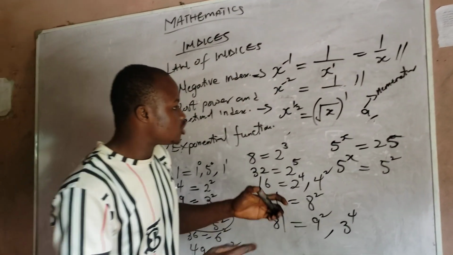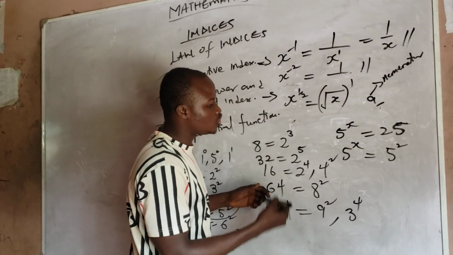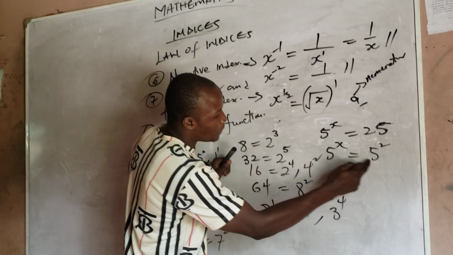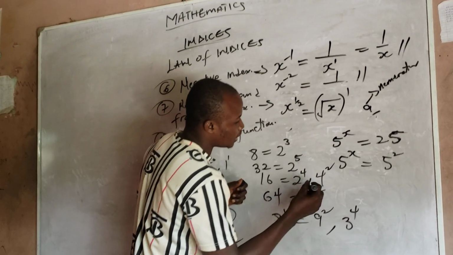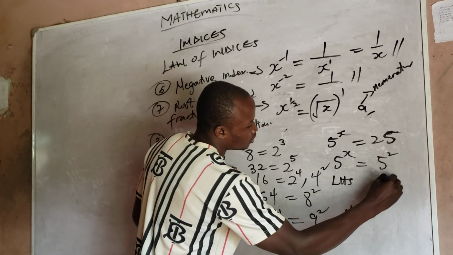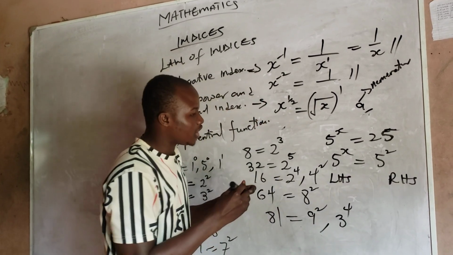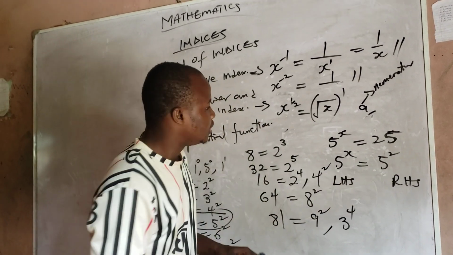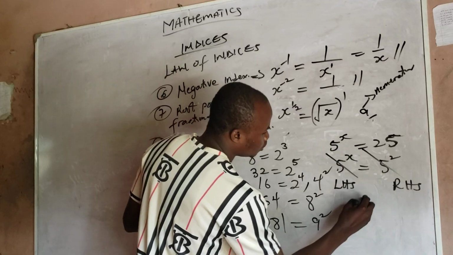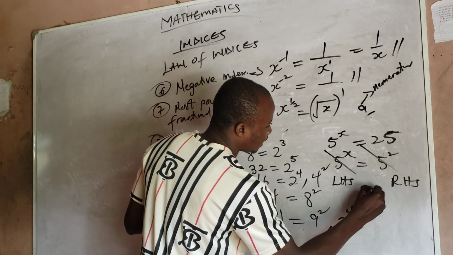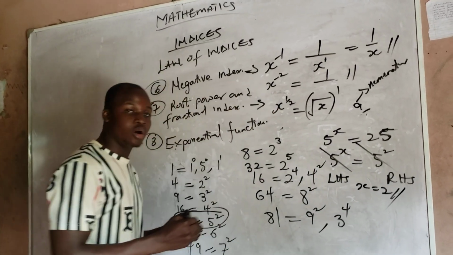So we have done something to 25 that gives us an equal base. This one is the left hand side, this one is the right hand side. If you check, the base is the same, right? Now you can cancel, then x is equal to 2. That becomes our answer.